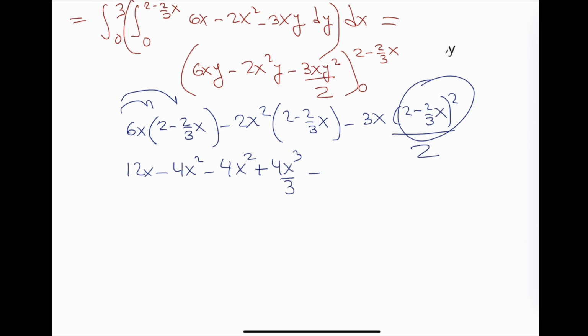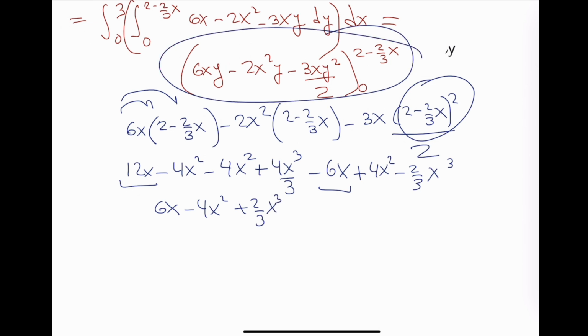And so doing all this operation over 2, we get here minus 6x plus 4x squared minus 2/3 x cubed. Let's combine like terms, putting all the x together, we get that this is 6x minus 4x squared plus 2/3 x cubed. So we did then the evaluations, and it's just that thing here.